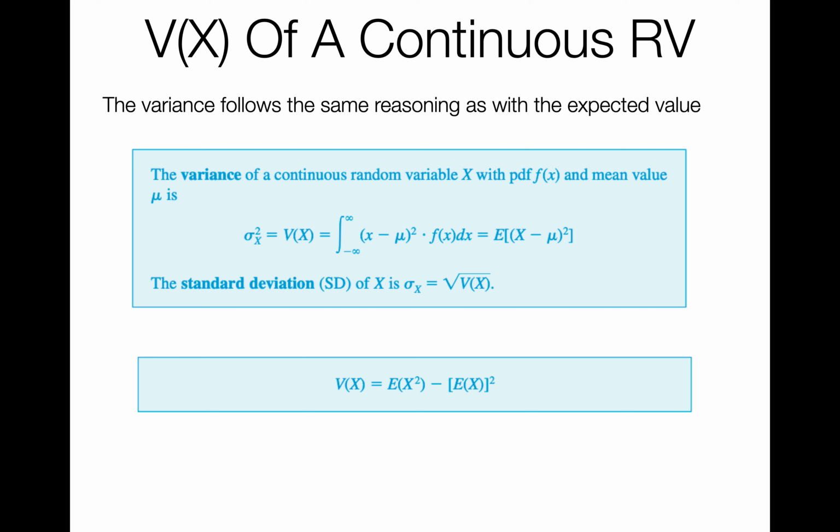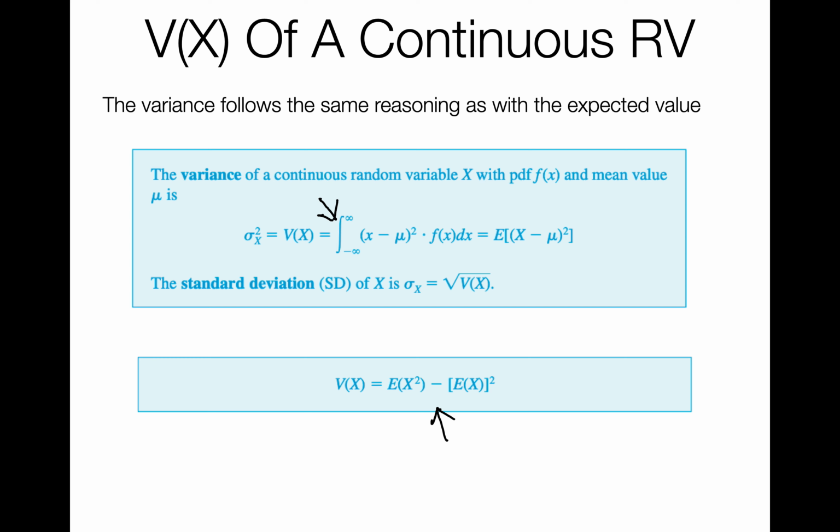The same things are present as in the discrete situation. So you define it the exact same way, except with integrals instead of sums. So we used to have a sum here. Now it's an integral, but nothing else has changed. In fact, the shortcut to finding the variance has not changed either.